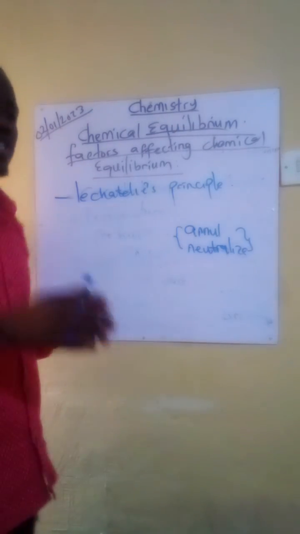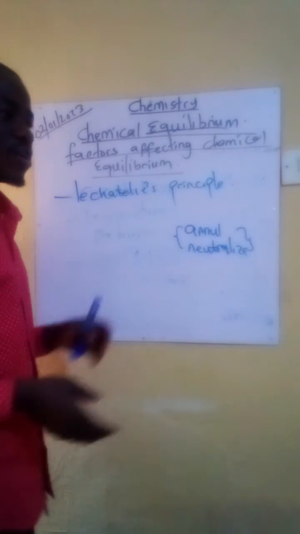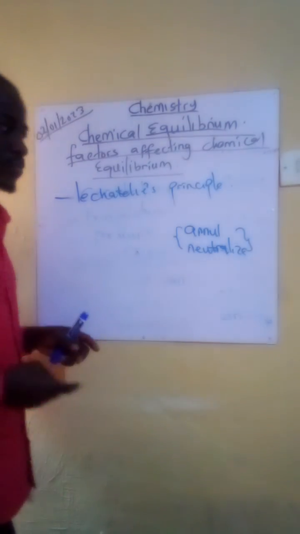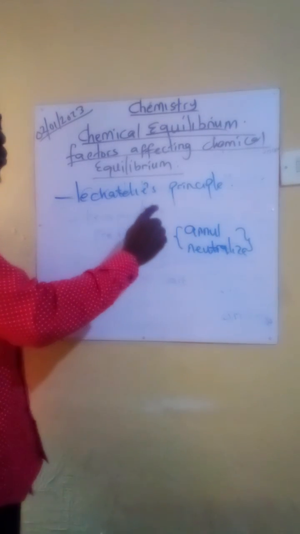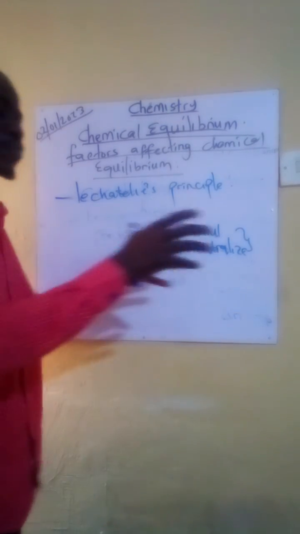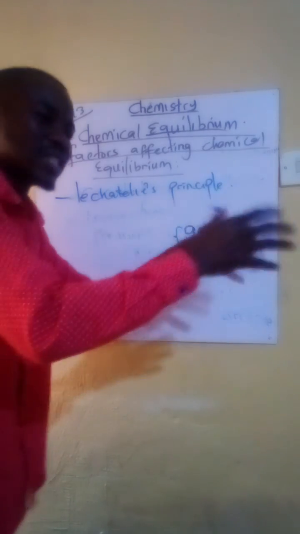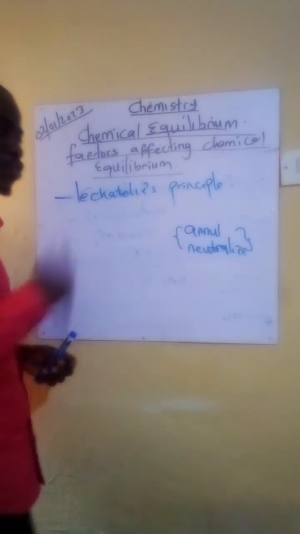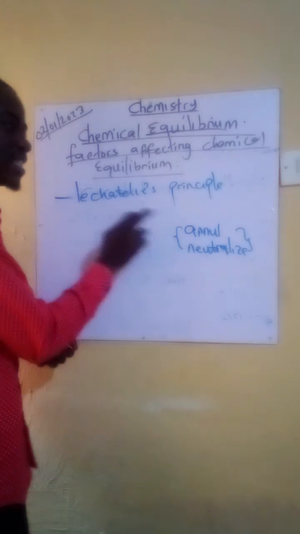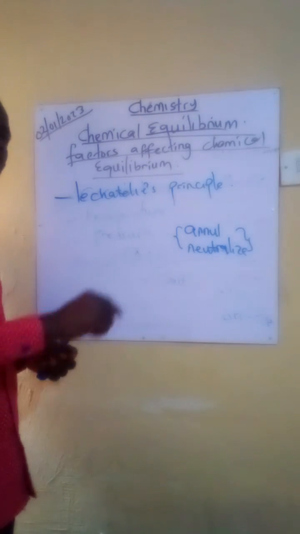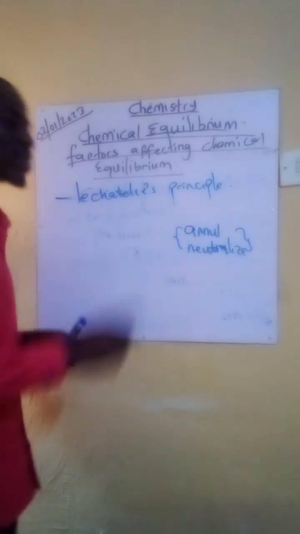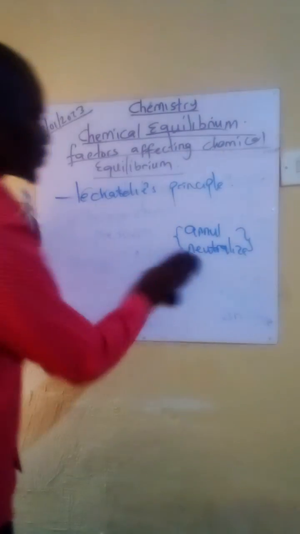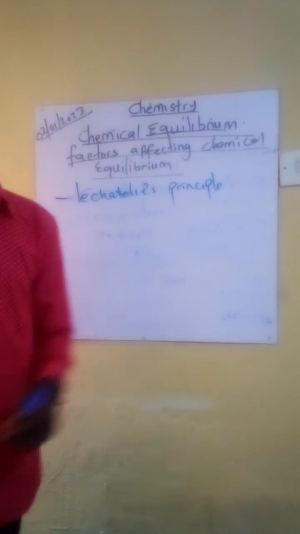It wants to annul, it wants to neutralize whatever disturbance those factors must have caused. So this principle made us understand that the system usually adjusts itself so that it will annul or neutralize the effect those applied factors must have caused. Okay, so how does the system do that? How does it do that?